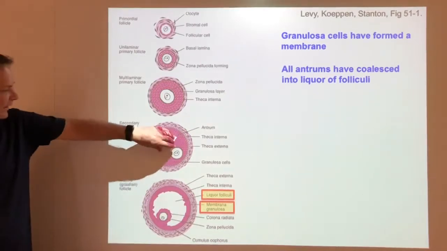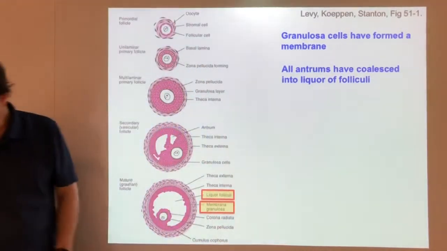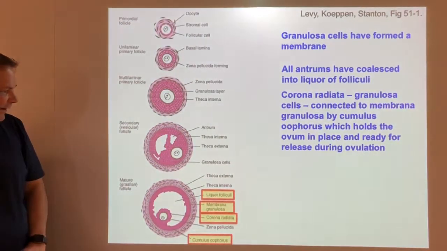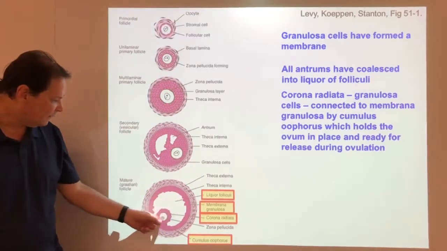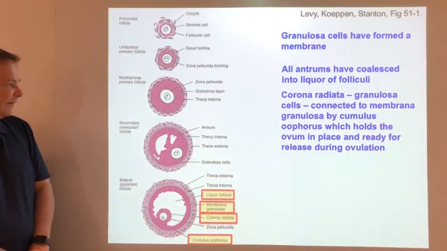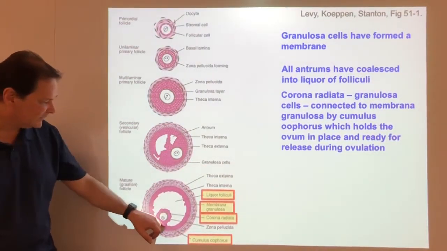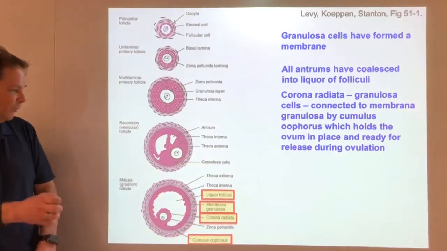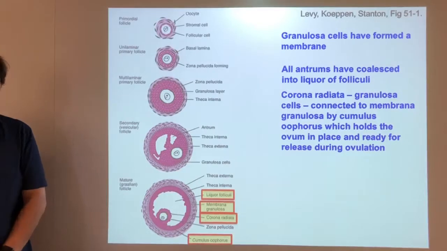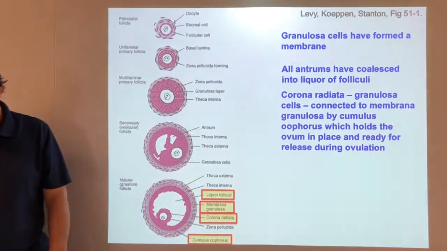The antrums here coalesce and form what's called the liquor folliculi, and that surrounds the corona radiata, which are follicular cells that surround the ovum, and then that's connected to the membrana granulosa by this cumulus oophorus here, which sort of holds the ovum in place in preparation for ovulation, when this whole thing is going to break apart and this ovum is going to be free of the follicle.